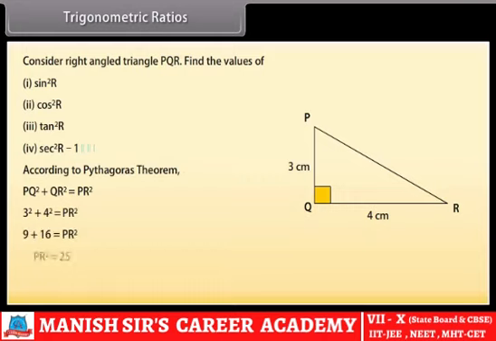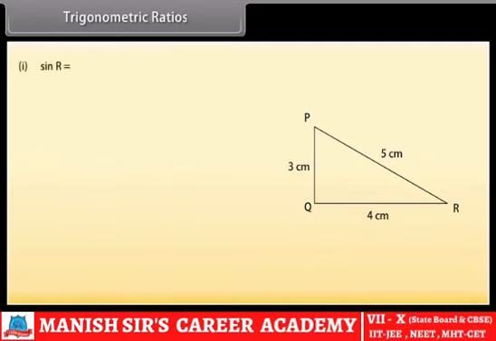Now, by calculating it, we get PR is equal to square root 25, which is 5 centimeter. Now, sin R is equal to PQ upon PR, which equals 3 upon 5. Sin square R is equal to 3 upon 5 whole square, which is 9 upon 25.